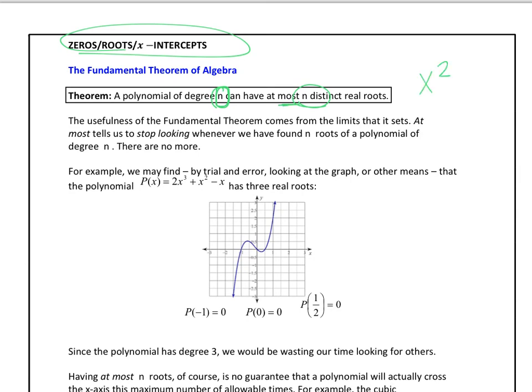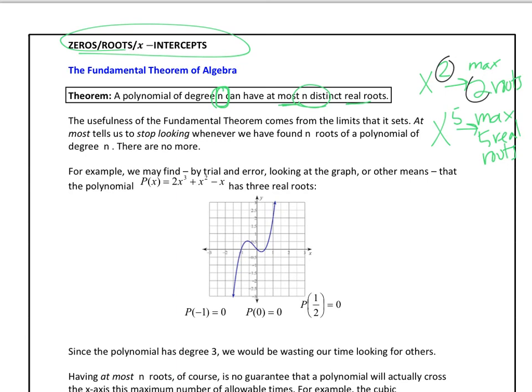X squared can have at most 2 roots. And they're real roots that we're talking about here, so the ones that cross the x-axis. Or x to the 5th can have a maximum of 5 real roots. Right? You see that nth degree matches the nth number of roots.